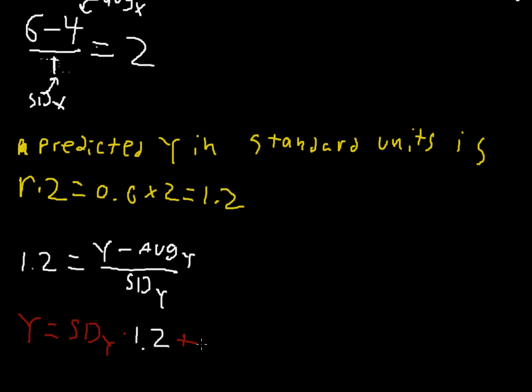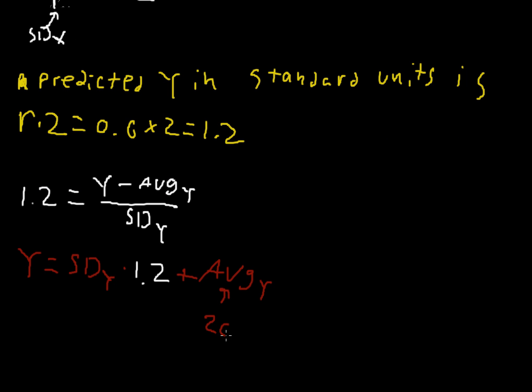Now that is 20, and the SD is 5. So this gives us 26. So our predicted number of words slurred is 26 when they've had 6 drinks. That's part 1.